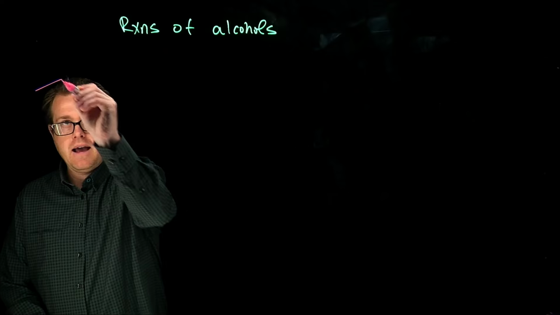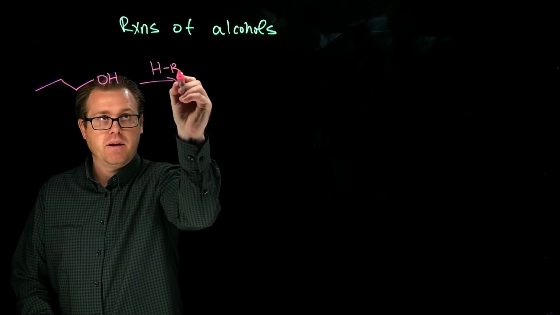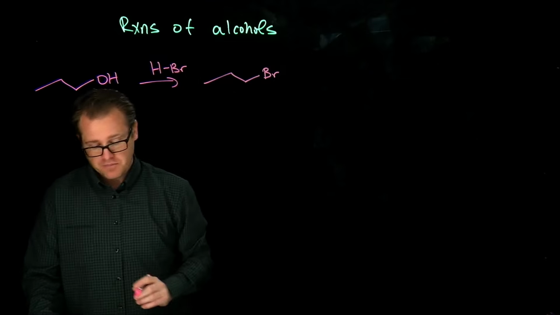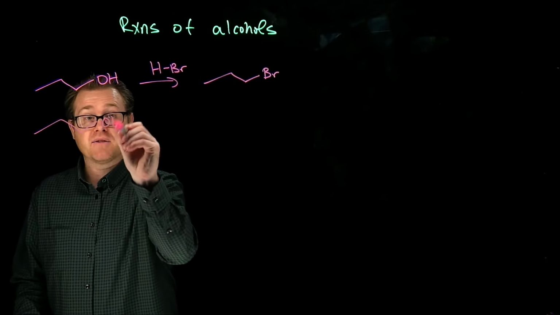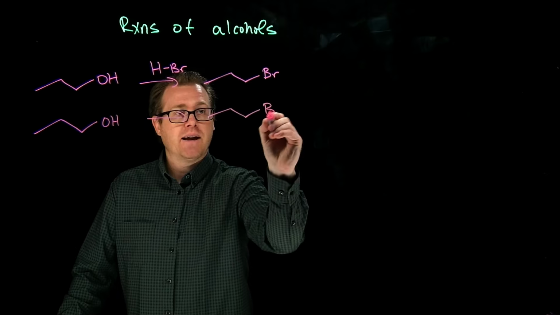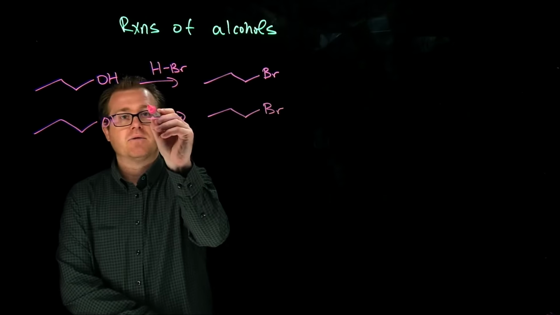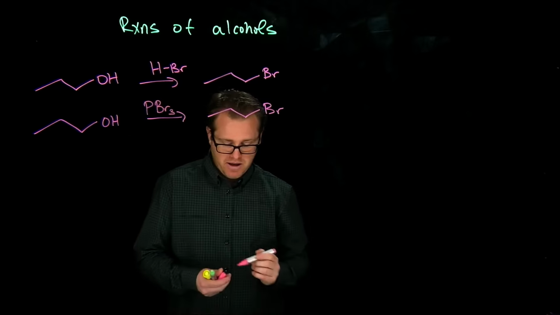Recall that if we had an alcohol like this and we treated it with HBr, that would give us this product, right? Well, there's another way to do this exact same transformation. We're going to do the same exact transformation, but we're going to use a different reagent, and that's phosphorus tribromide, PBr3.